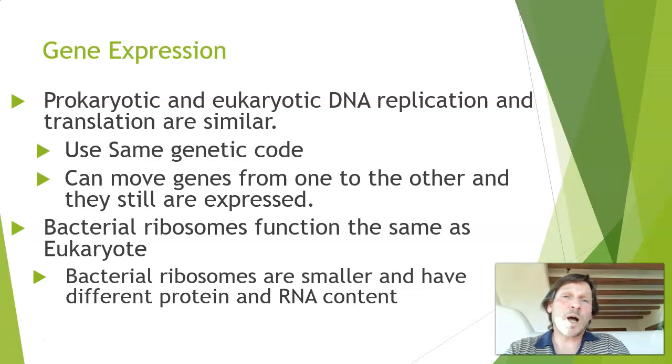And one of the more common genes that they've added into the corn is actually a bacterial gene from Bacillus thuringiensis, BT. And that has a natural protein that kills off insects that are ingesting it. So when insects eat the corn plant, they actually have this bacterial protein in it that kills the insect. Right? The reason that works is even though it's a bacterial gene and you put it into a plant, they use the same genetic code.